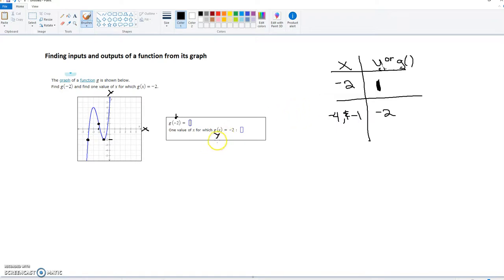Now, for this topic, Alex only needs 1. So for our first one, it says g of -2. That was our x. Remember, this was our x. So that means this answer is 1. And for this one, where it gave us the -2 as the answer, we needed to find out what the x was.